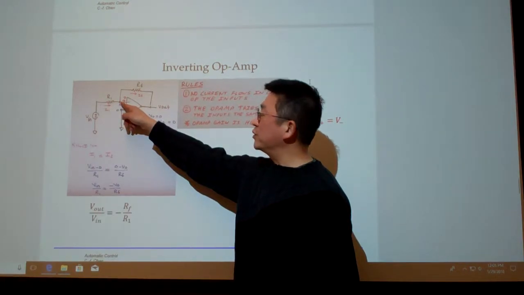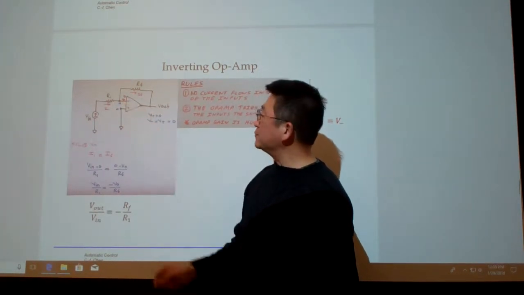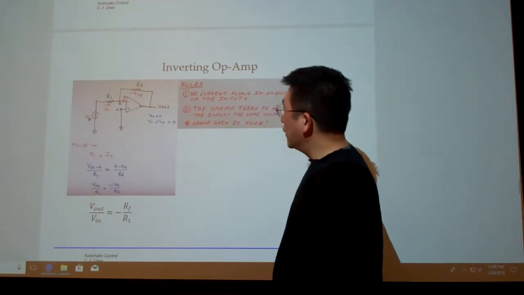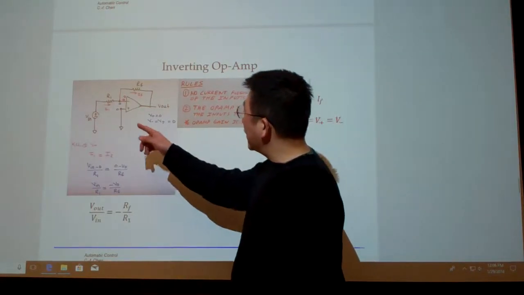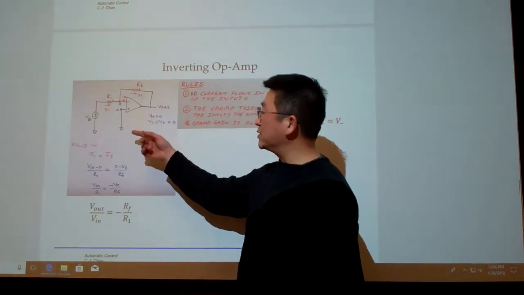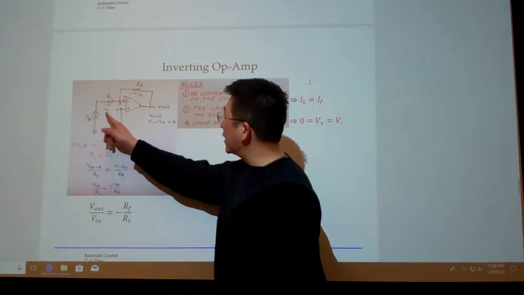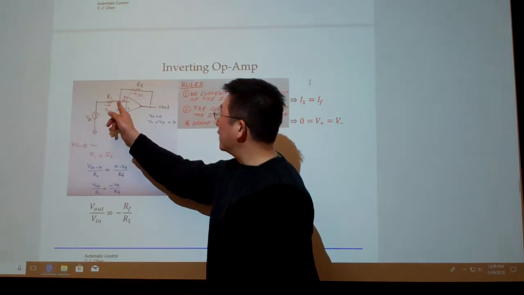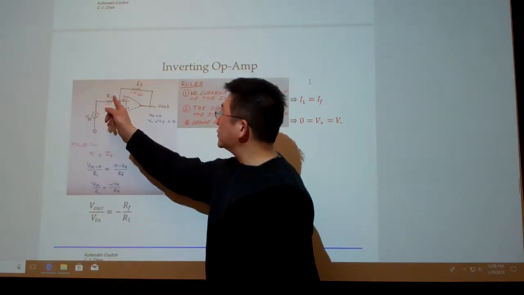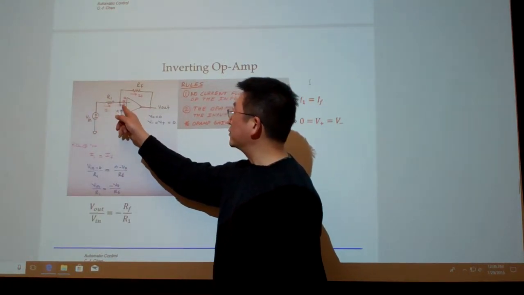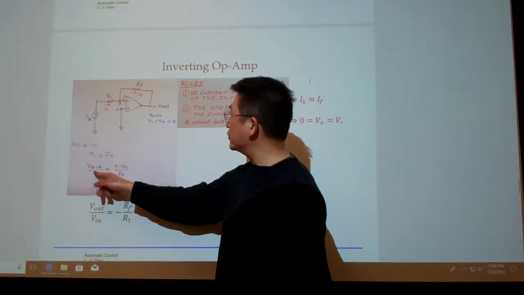Knowing this and the current, we apply the basic rule. V in minus 0, since V in is the higher voltage and this is the low voltage, so current flows through here. So I1 equals this.